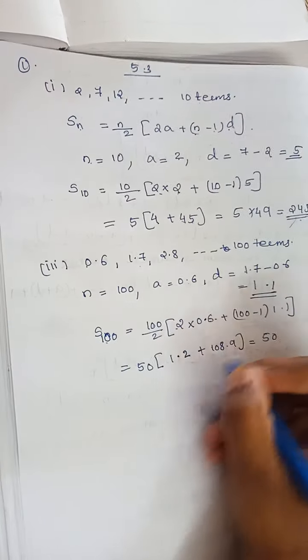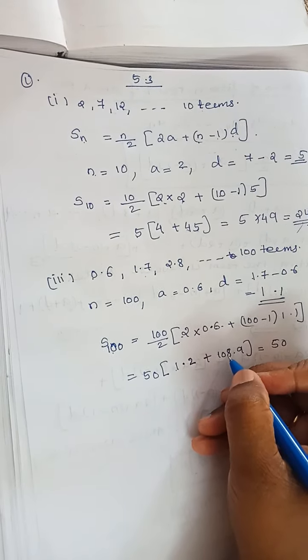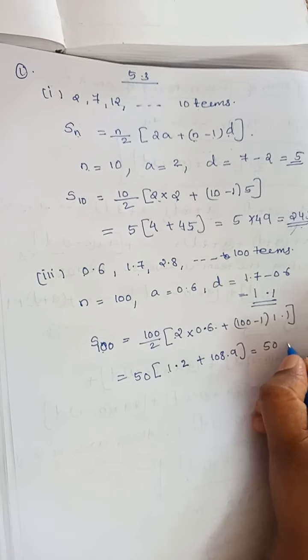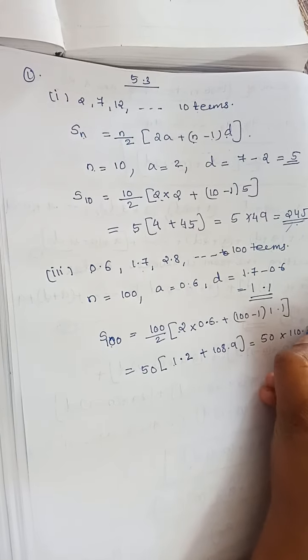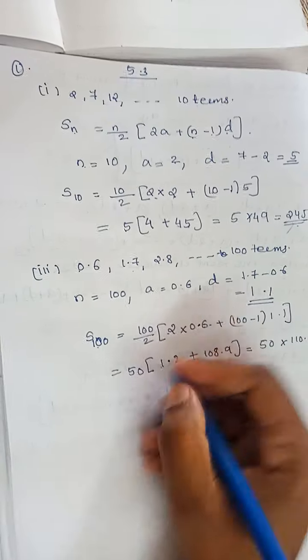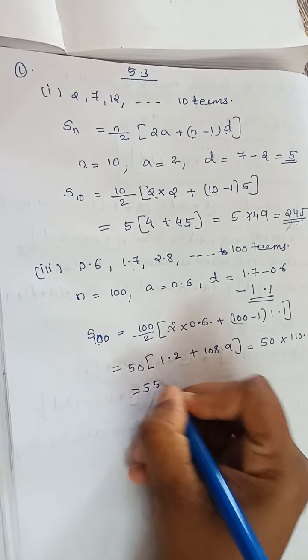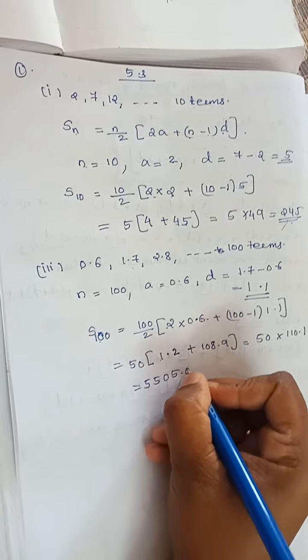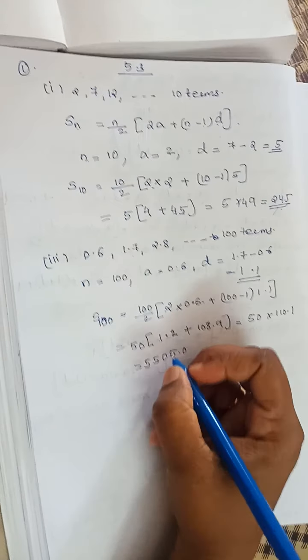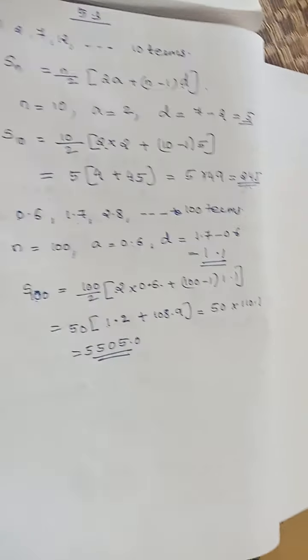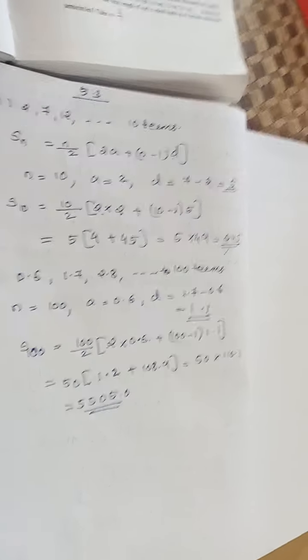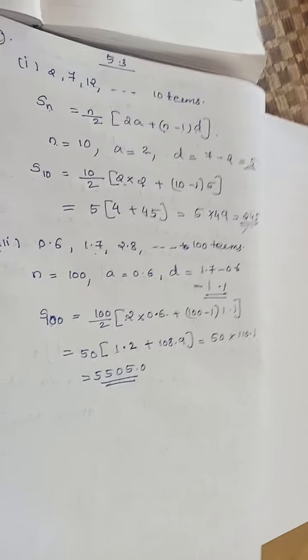So 50 into 1.2 plus 108.9 is equal to 110.1. So 50 into this number is equal to 5505.0. That is, 5505 will be the final answer. So this is normal multiplication and division. Do it very carefully.